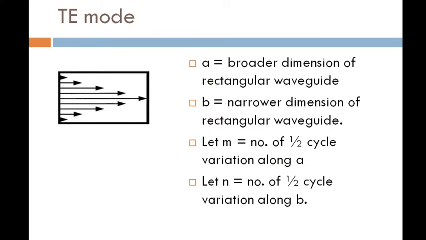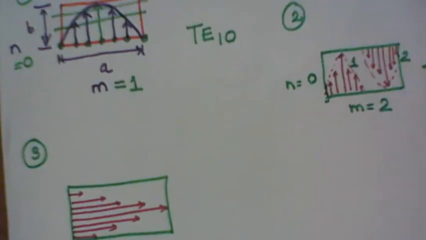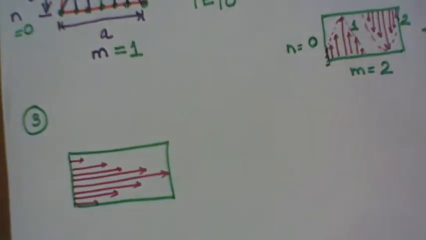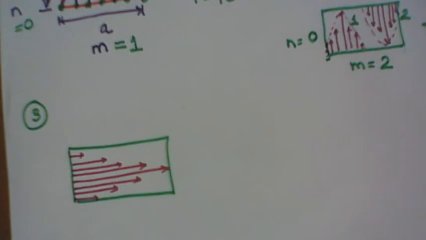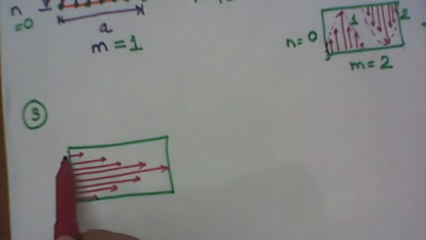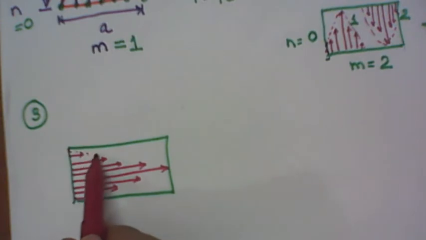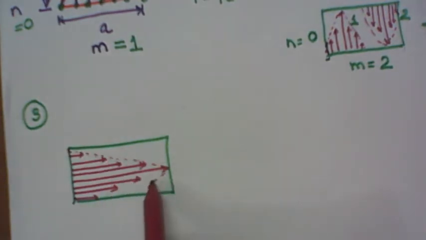Okay, so in this, what you are finding out, I am having the variation of the electric field towards the narrower dimension. That means from this point to this point, I am finding out that there is a 1/2 cycle towards the narrower dimension.